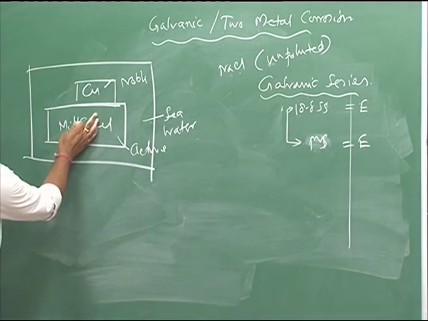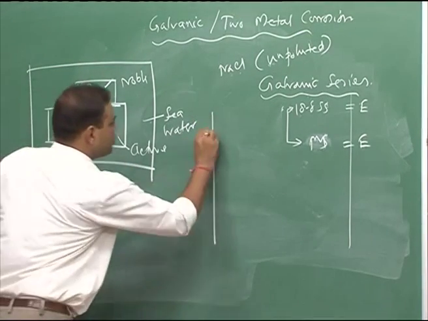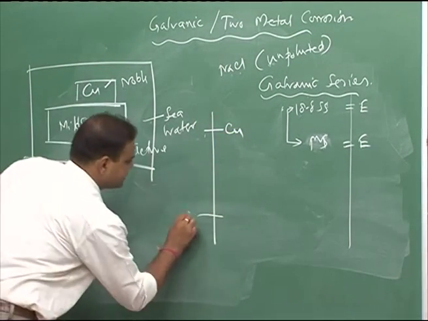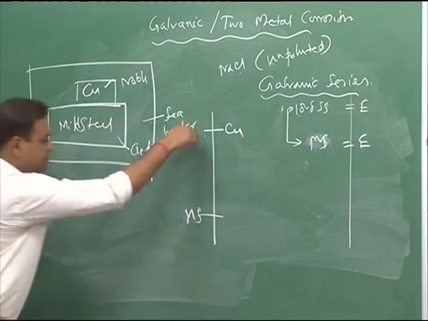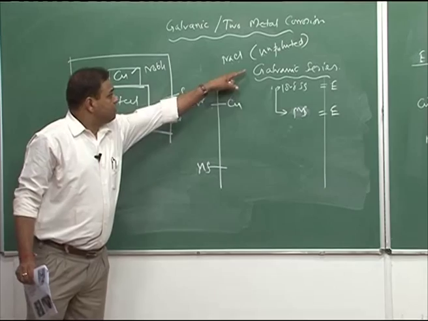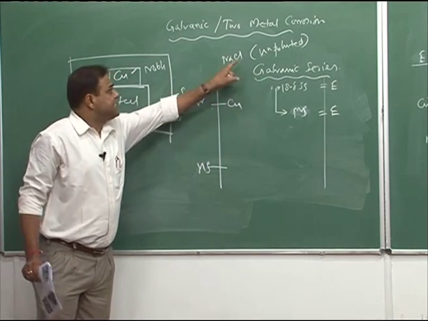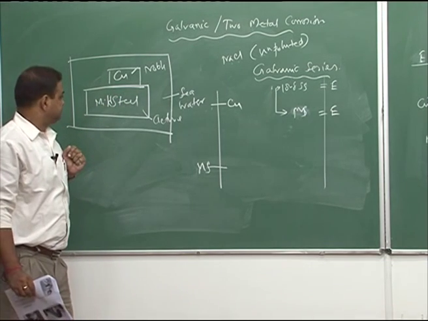So, in the galvanic series, copper will be placed at top and mild steel will be placed below this copper. So, this is the position of copper and mild steel in the galvanic series in NaCl solution.